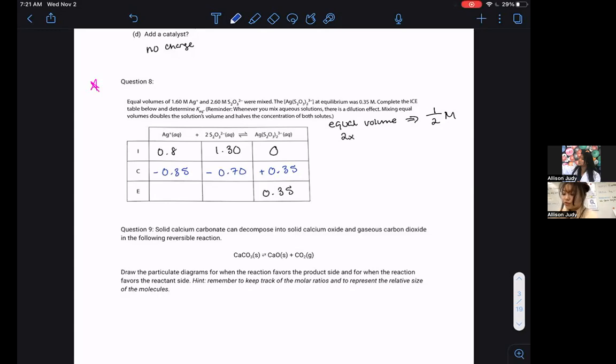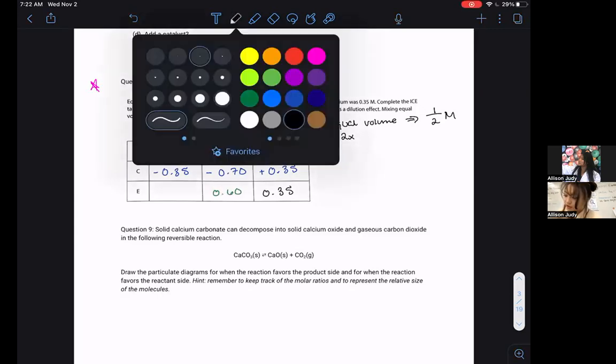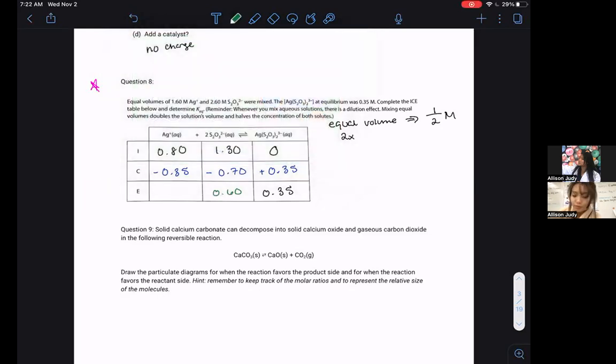And so then when you fill out your change, you can just do basic math and solve, okay, well, 1.3 minus 0.7 is 0.60, and 0.8, and I guess I should have written 0 to keep track with sig figs, minus 0.35 is 0.45. So now I have the concentrations at equilibrium of my respective species.